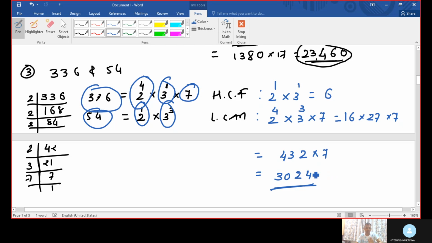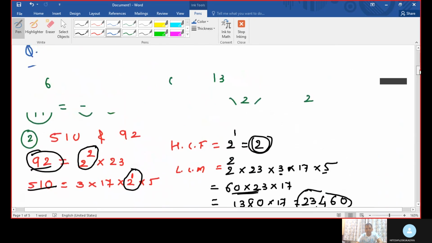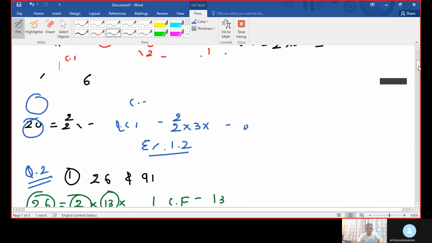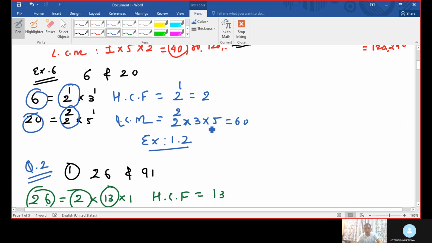Now, in your textbook, one more result is also given. We write here the result and verify all the 4 sums. Which result? HCF into LCM is equal to the product of the 2 numbers.